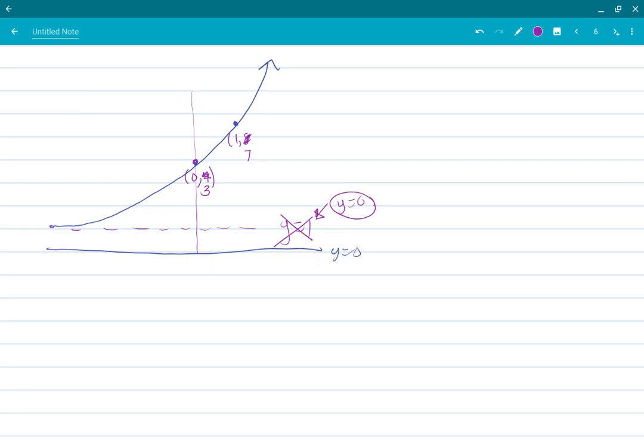So is it doubling or is it not doubling? How do you go from 3 to 7? By multiplying. So 3 times what is 7?